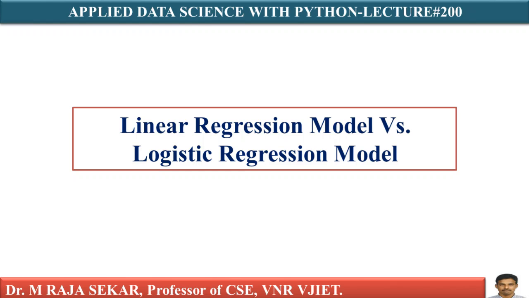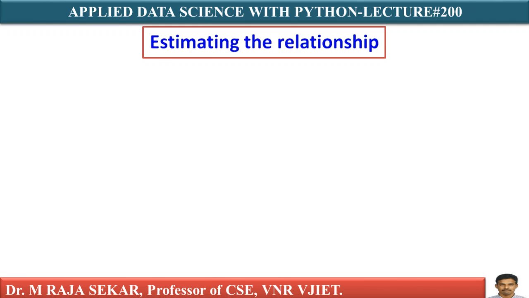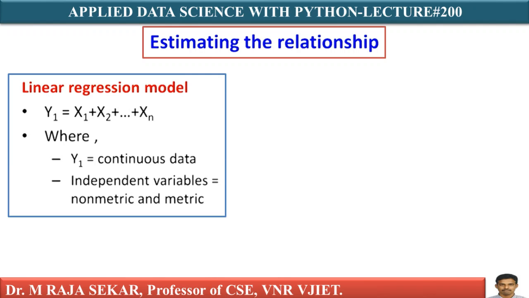We will see the first difference between logistic regression and linear regression. Let me say what is your y1 here. This y1 is the dependent variable, and your dependent variable is a continuous variable.